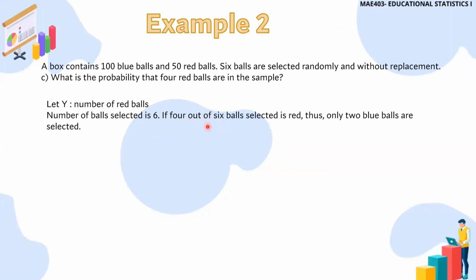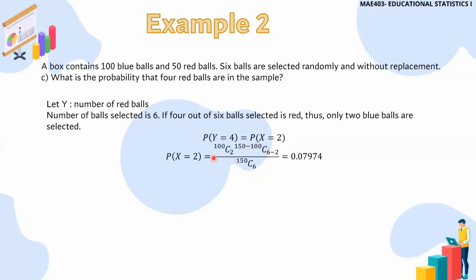So, we have 6 samples, but only 4 reds, which means the remaining 2 balls are blue. So the probability that 4 red balls are selected is equal to the probability that 2 blue balls are selected.